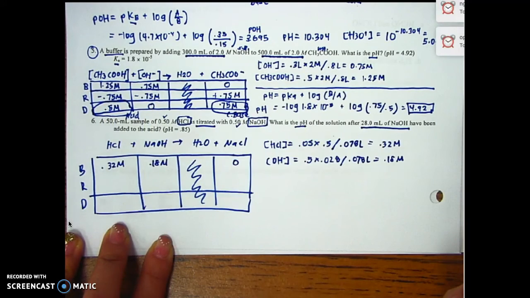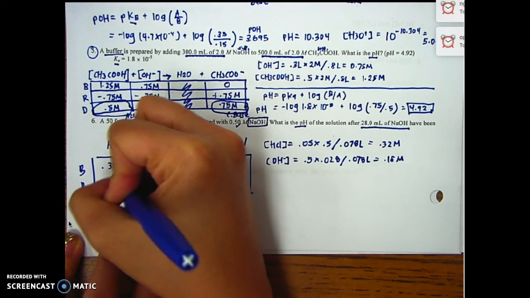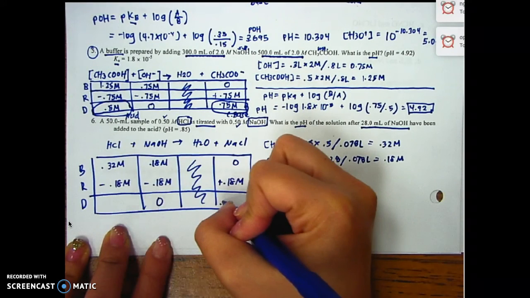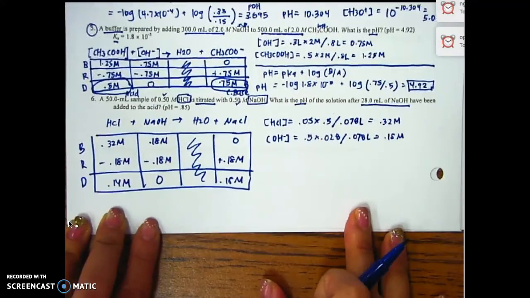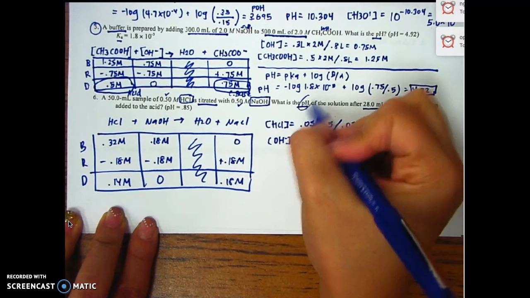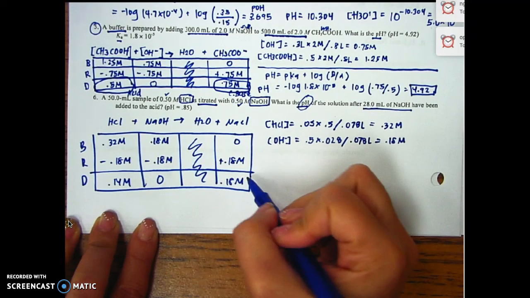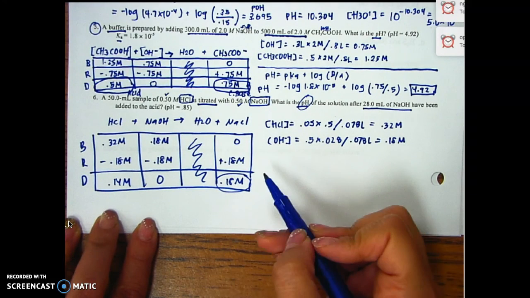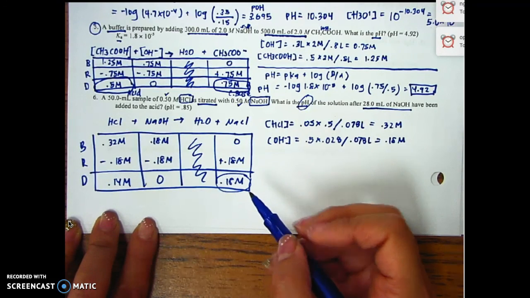Initially, we have a 0 of this. I'm going to run out of my base first, and we end up with 0, 0.18, and 0.14 molarity here. Now, the final part of this is we're trying to calculate what the pH is going to be. Just looking at the setup, we do have sodium chloride in the solution, which kind of doesn't matter because chloride is a weak conjugate base of the acid.